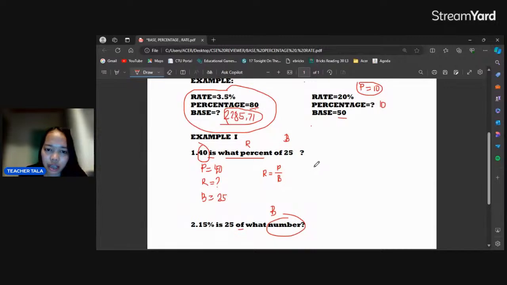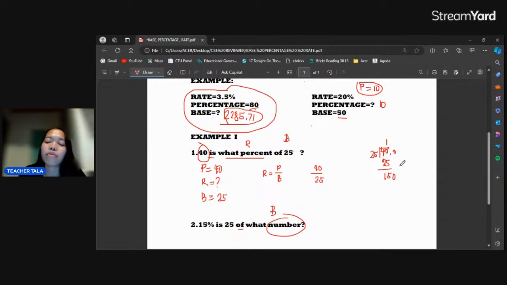Now, si P is 40, i-substitute natin yung values. Yung base is 25. Now, let's just divide 40 by 25. So 1 times 25 is 25, so that's 15. Let's add a 0, 150.